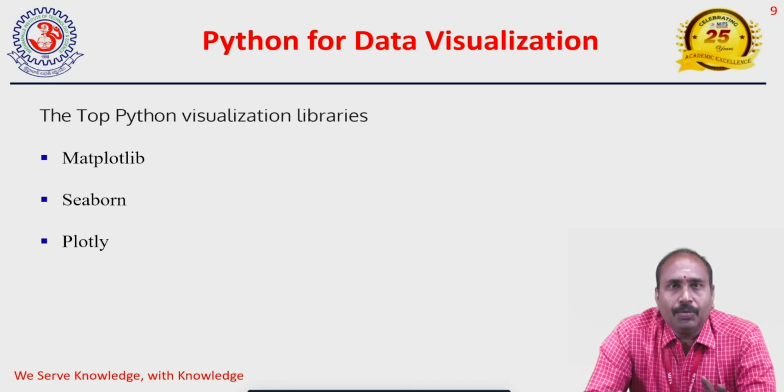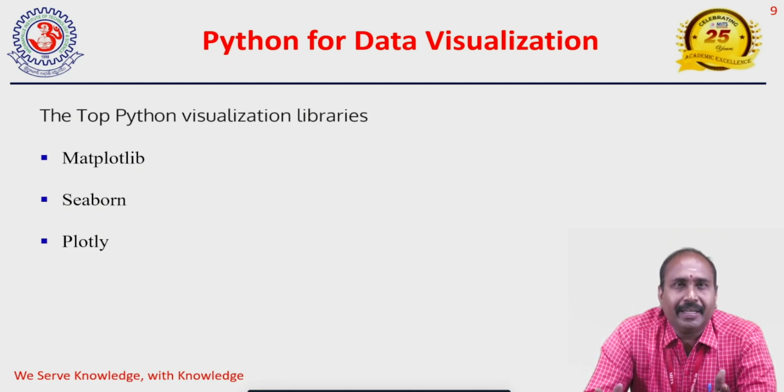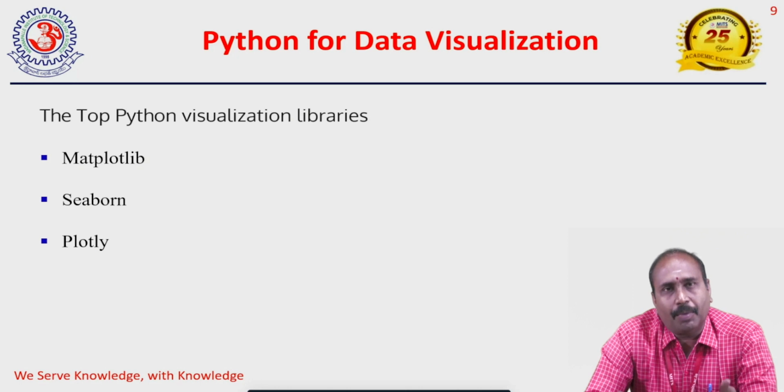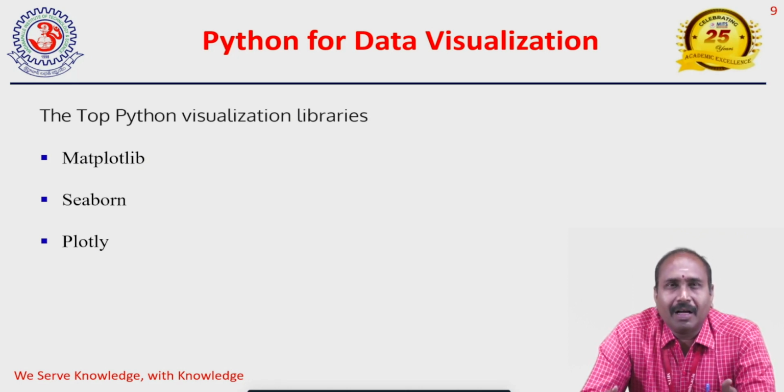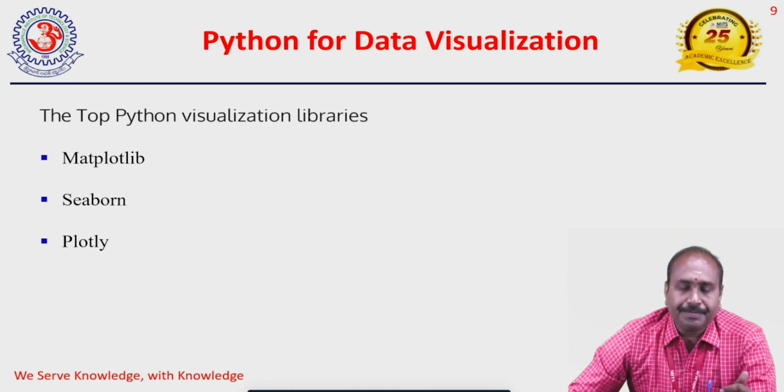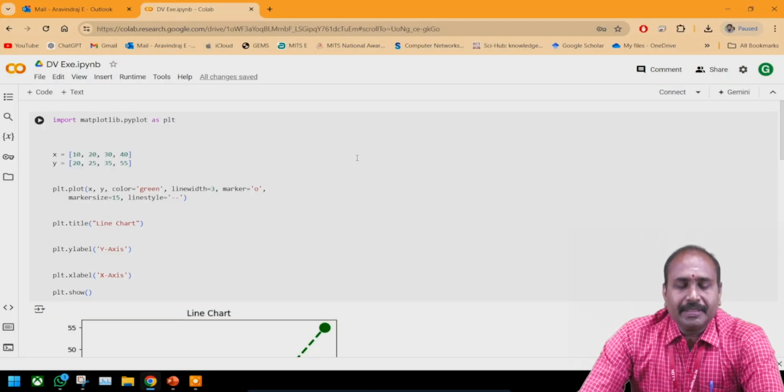First, how to create Python data visualization programs, how to execute them, and what tools are available in the market, and then the next level of programming concepts. I will explain. This is Google Colab.